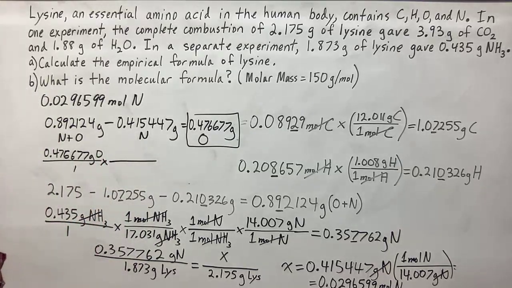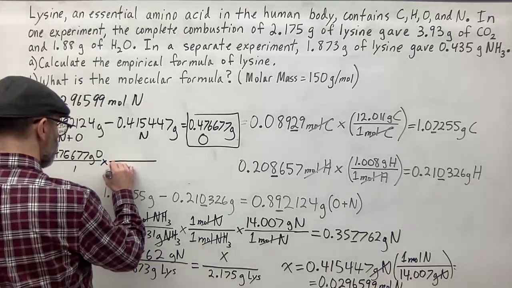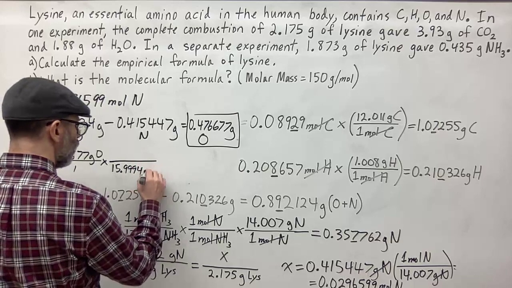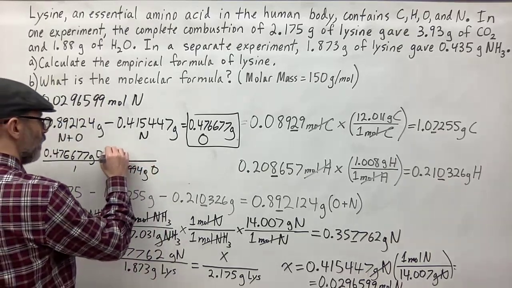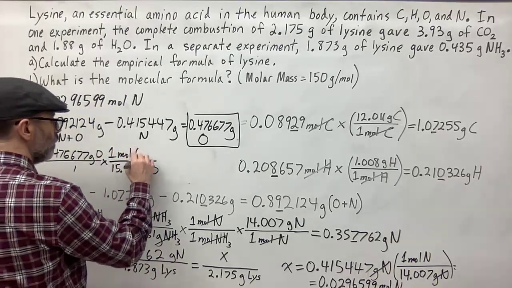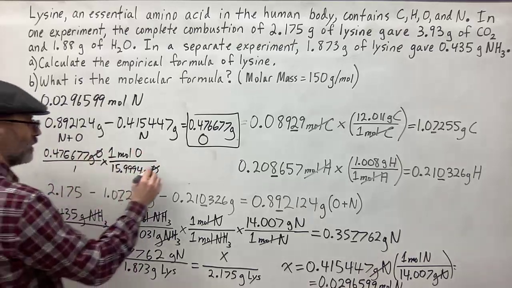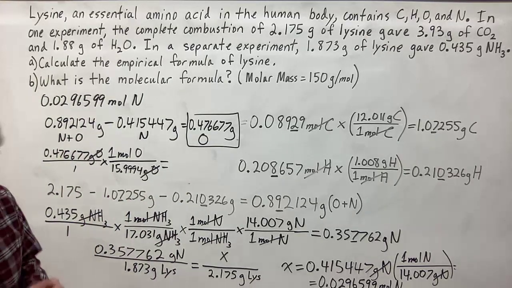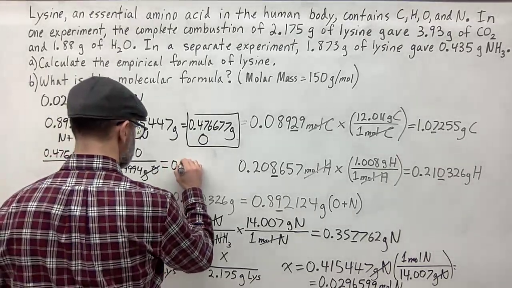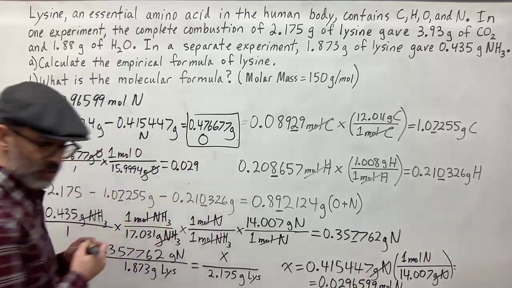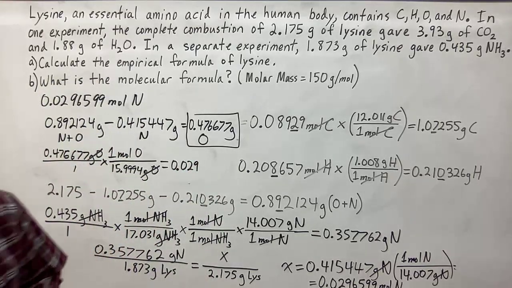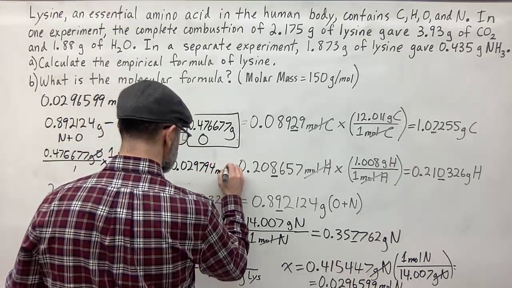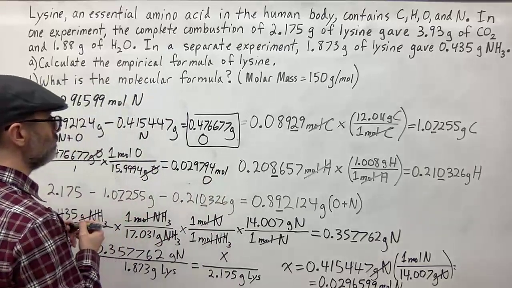And which molar mass did I use? Yes, 15.9994 grams of oxygen on the bottom, 1 mole of oxygen on top. Grams cancels out. And when I calculate that out, I get 0.029794 moles of oxygen.